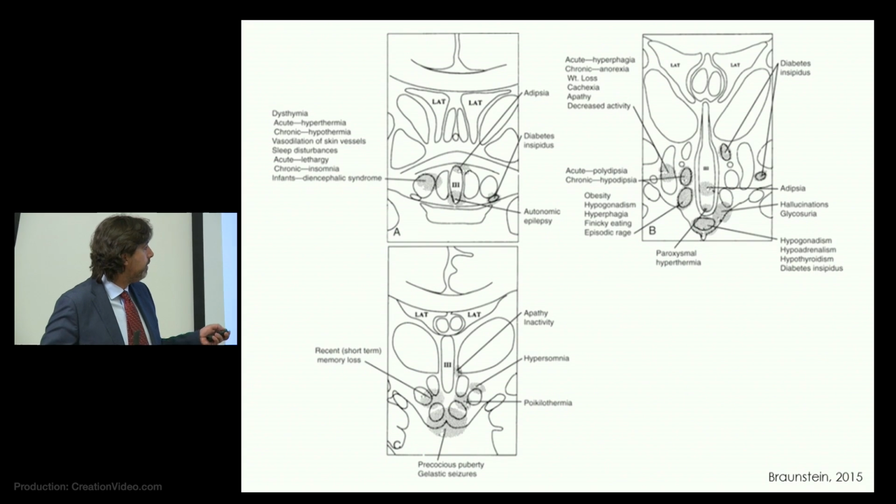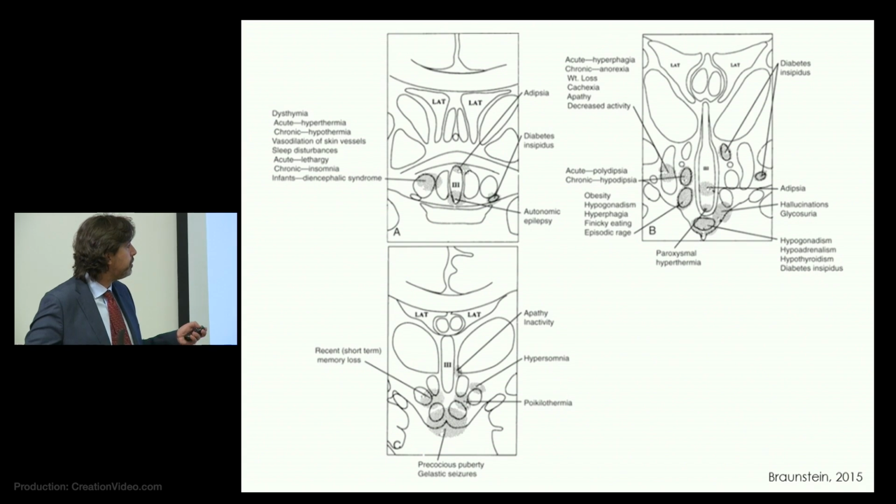So why do we have so many symptoms? Because we are in this region of the brain, where there are really lots of important centers that might control the humor. I think this is not working. Okay, here you have the diabetes insipidus. Here you have some kind of behavioral and psychiatric control places.